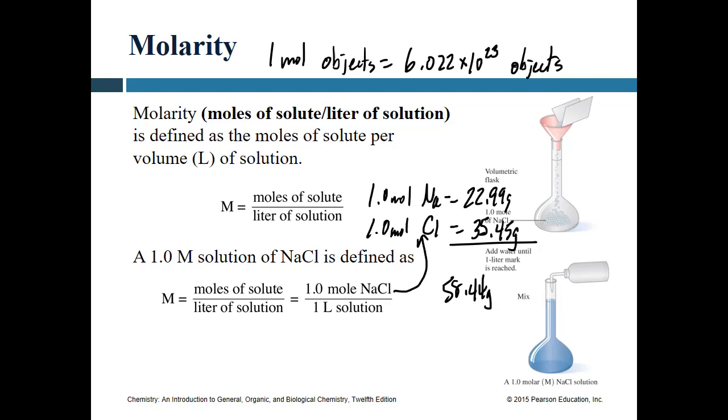I could go over to the balance, take out my table salt, measure out 58.44 grams of that salt, and then using something like a volumetric flask where it has a very defined value, this is exactly 1 liter. I can measure everything out, mix it together, and create exactly 1 liter with exactly 1 mole of sodium chloride.